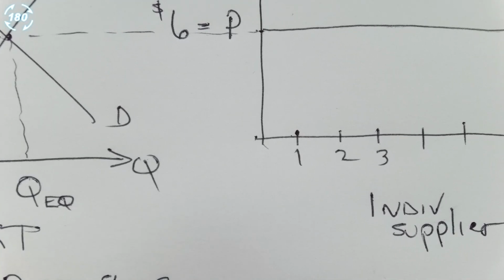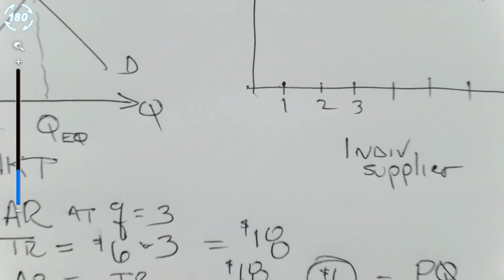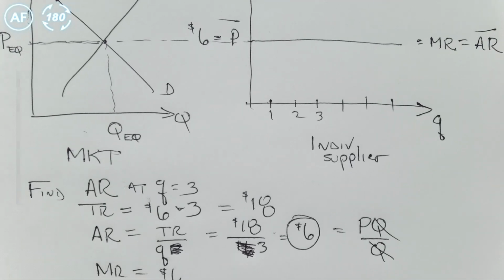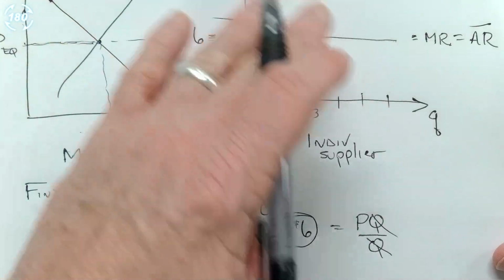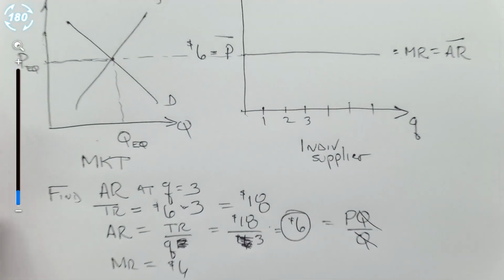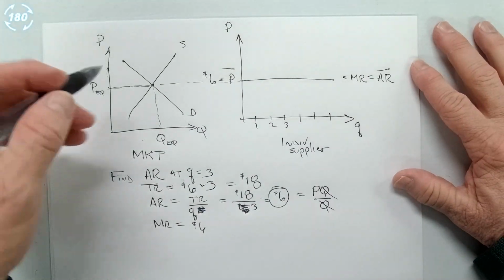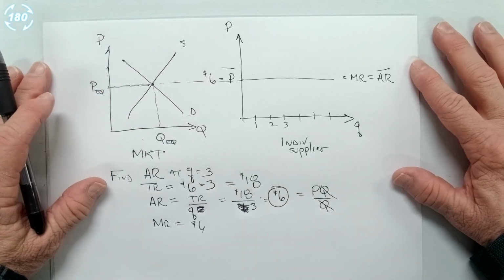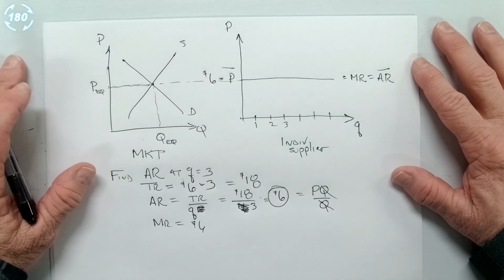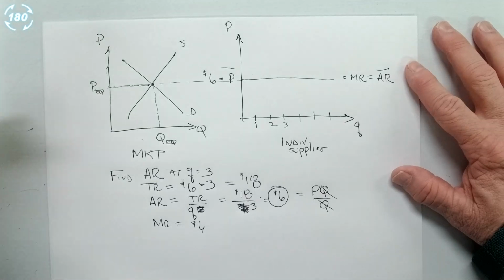Another way of looking at this is that total revenue is always the area inscribed within a demand curve. When we looked at the market, we looked at the revenue rectangle associated with the market demand curve. Y'all remember us doing that before?